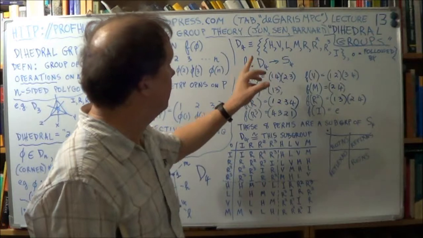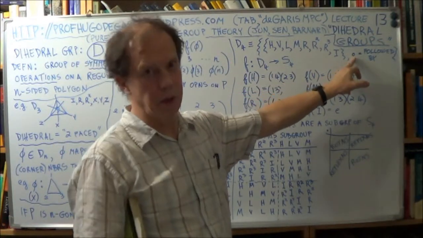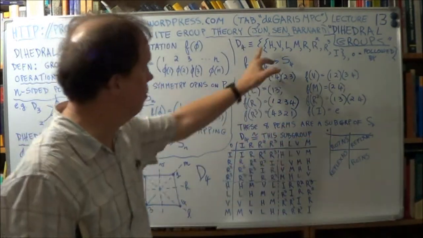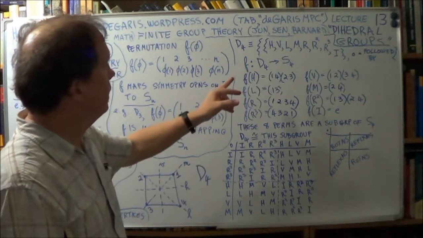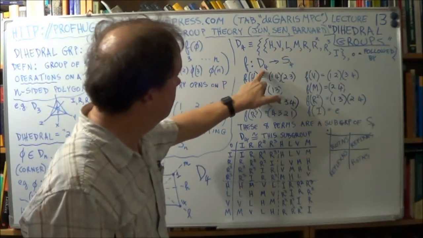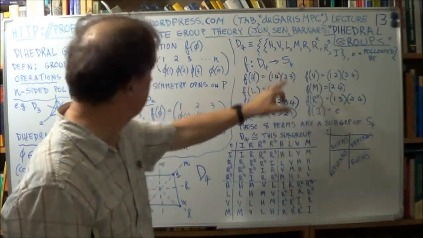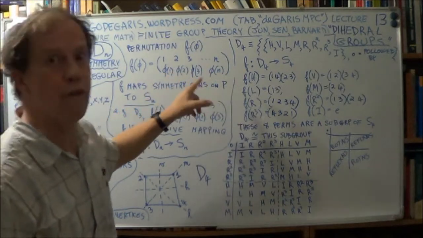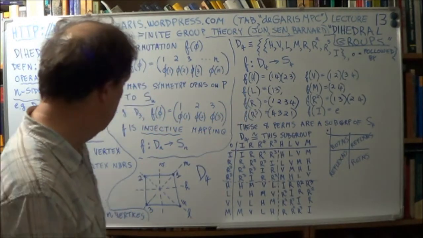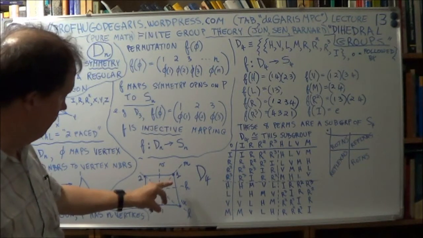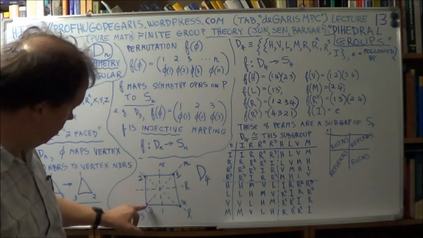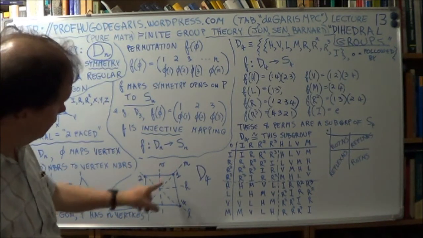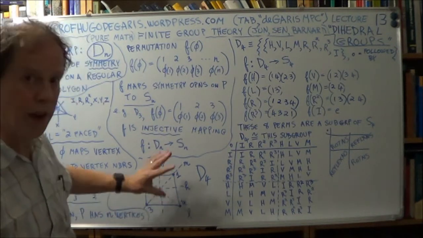Okay. Now the binary operation is just simply followed by, meaning do this operation first, followed by another one of these. Okay. Now you're mapping these symmetry operations into permutations, okay, in this way. And what are you permuting? You're permuting the vertex numbers. Right? So, for example, in the case of the square, let that be vertex 1, 2, 3, 4. Now, as you perform these various symmetry operations, these vertices are going to move around, right?